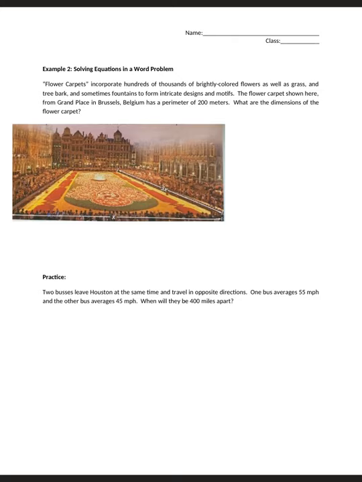So you've been given some information in this picture here. You've been given that the length of this guy is 3x and that the width of this guy is x. So you have length is 3x and your width is x.